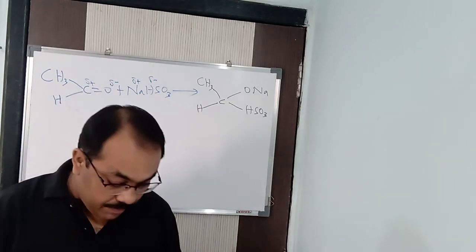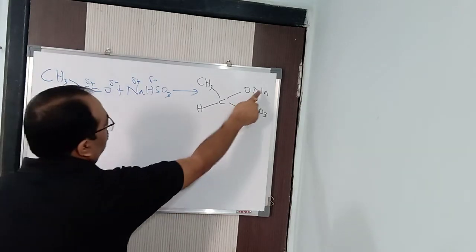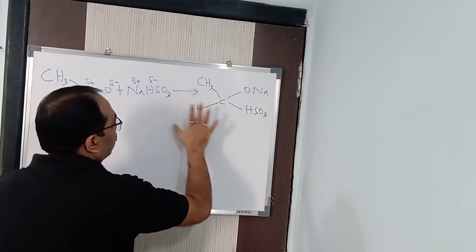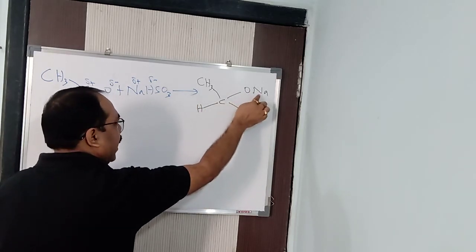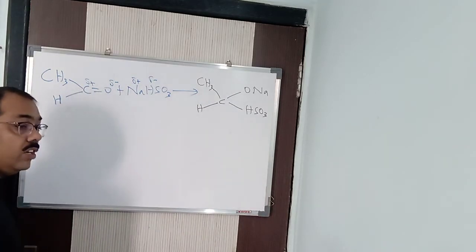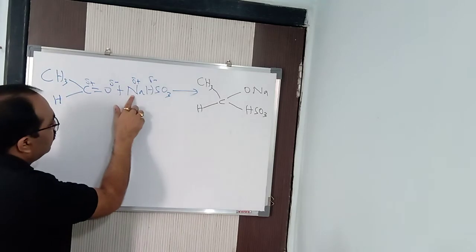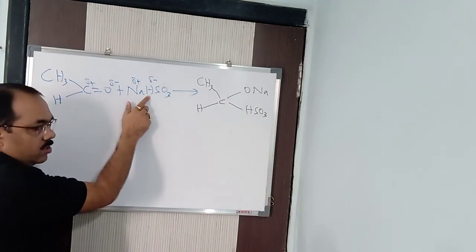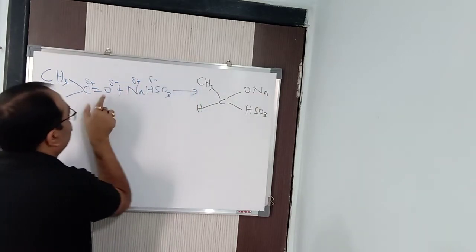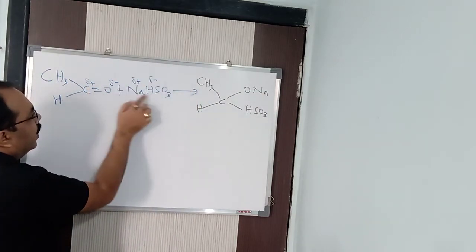But listen carefully here. Either oxygen can react with sodium or oxygen can react with hydrogen. Sodium is electropositive, hydrogen is also electropositive. But first the reaction takes place in this way only, because O is going to react with Na and C is going to react with HSO3. Positive with negative.